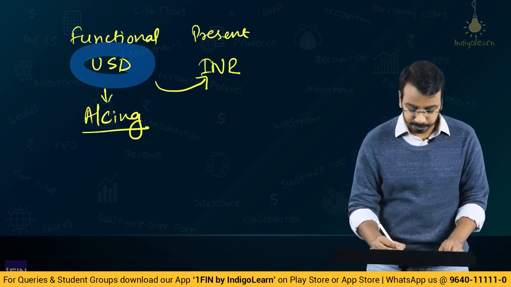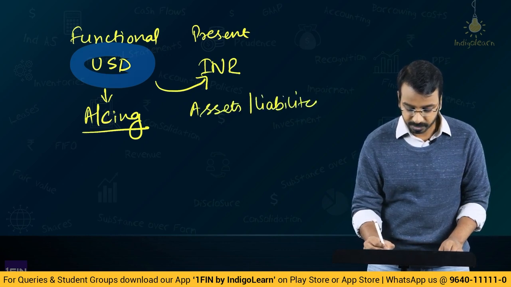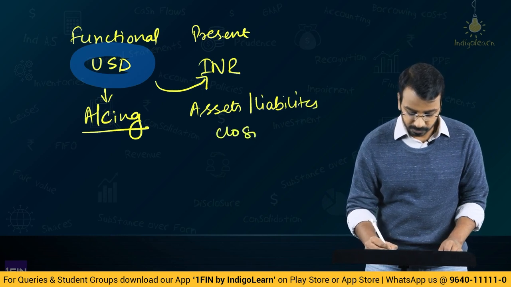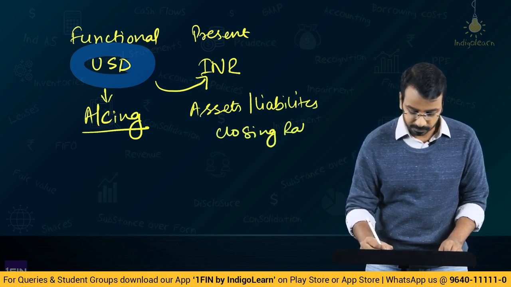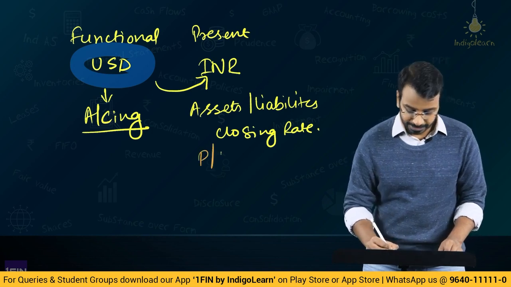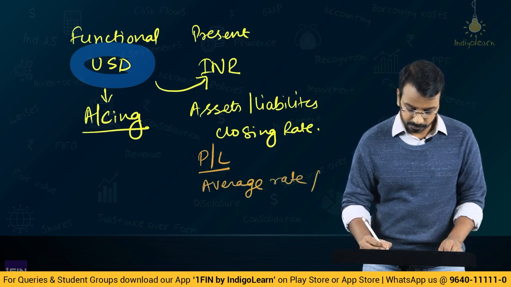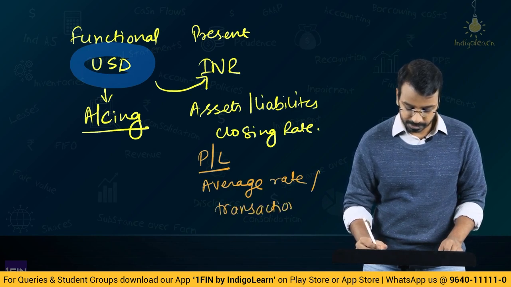As far as assets and liabilities are concerned, you will take the closing rate. Then for P&L items, you will take the average rate or transaction date rate.